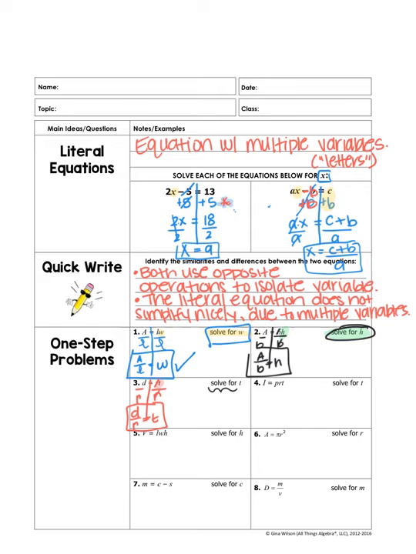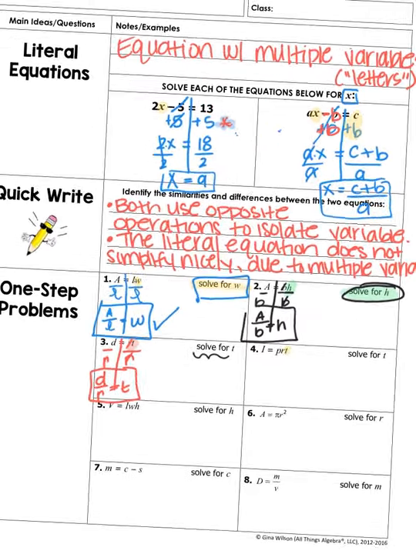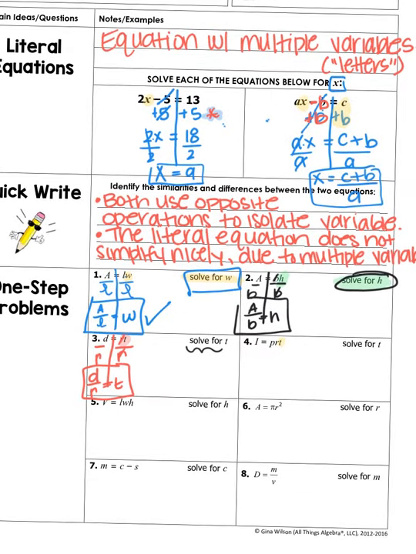All right, the next one says I equals P times R times T. And I want to solve just for the T. So I just want to get this all by itself. Well, this is like saying I equals P times R times T. They just don't put in all those multiplication signs.